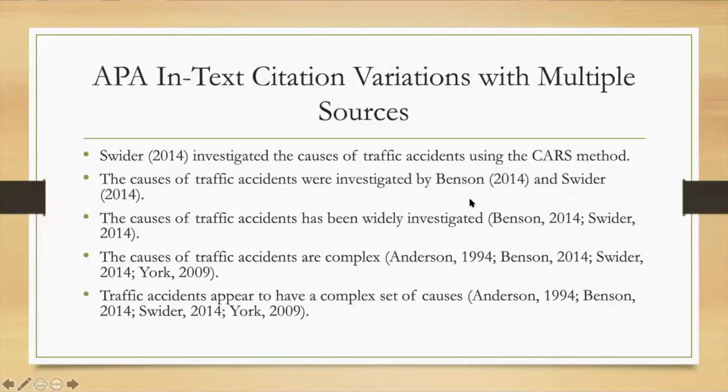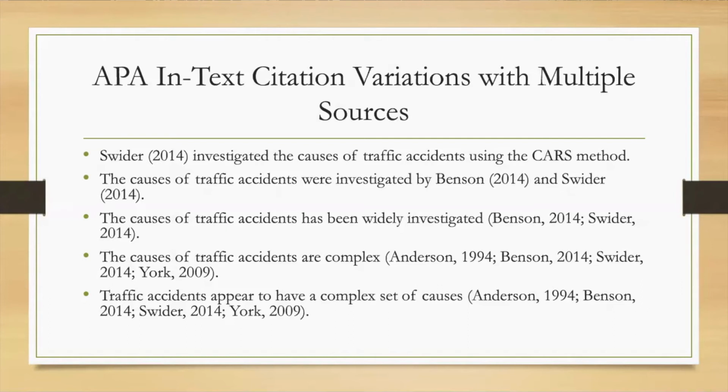Now, here we get to the important part, which is how does this appear in writing? So I teach APA. I find that with APA, it's very simple to group sources like this. So let's take the first sentence here. Swider investigated the causes of traffic accidents using the CARS method.